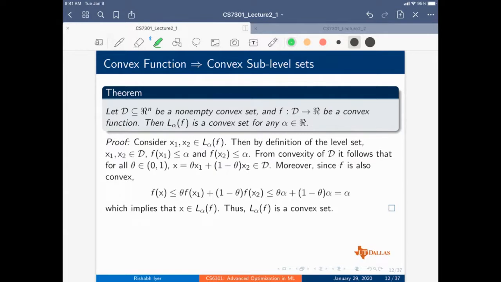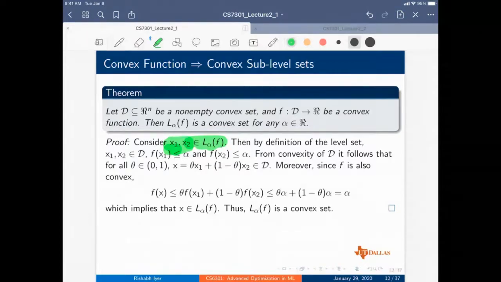The proof is very similar to the proof of the norm ball that we showed. The basic idea is that we just use the convexity of f. If f is a convex function, you consider x1 and x2 to be in L alpha.